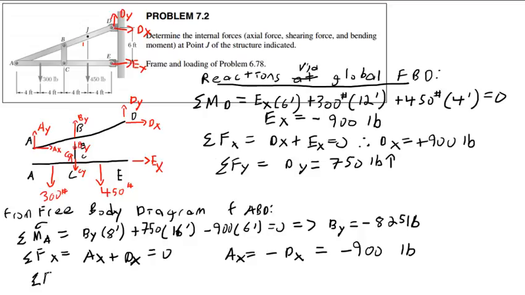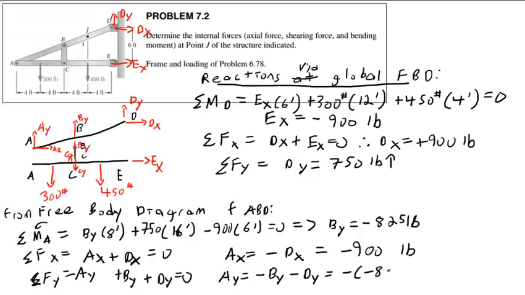Summation of forces in the y direction will give us ay plus by plus dy equals 0. And from this, we can get that ay is equal to negative by minus dy, equals negative 825 pounds minus the 750 pounds.